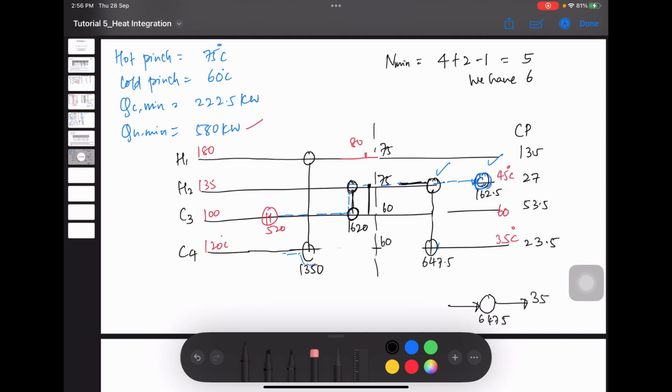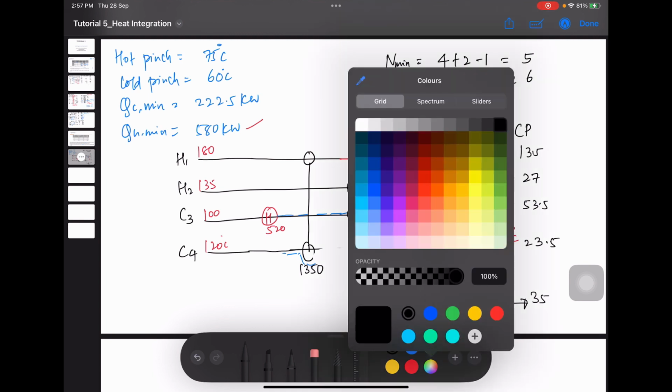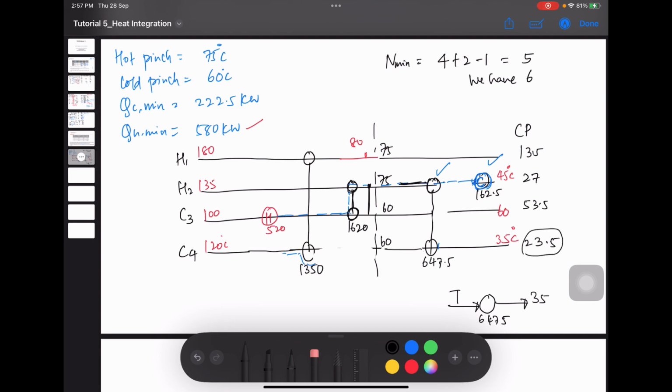Here the temperature is not known to me, and the Cp of the stream is 23.5. So I can get the temperature value here. When I calculate, 647.5 equals Cp delta T, 23.5 times T minus 35. So here when I calculate, I get T equals 62.5 degrees centigrade.